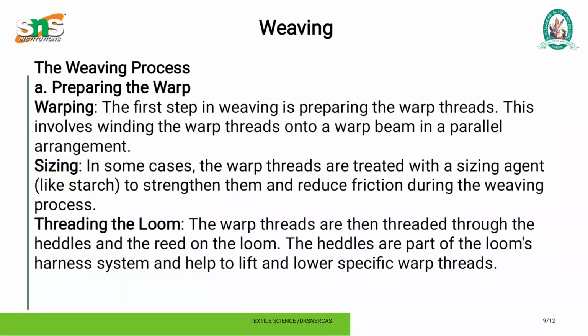In some cases, the warp threads are treated with sizing agents like starch to strengthen them and reduce the friction during the weaving process. Next, threading the loom. The warp threads are threaded through the heddles and the reed on the loom. The heddles are a part of the loom's harness system and help to lift and lower specific warp threads.